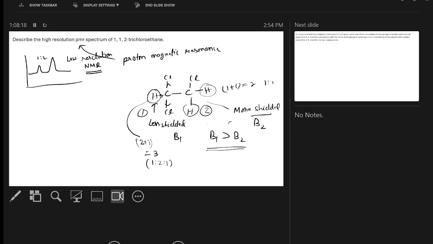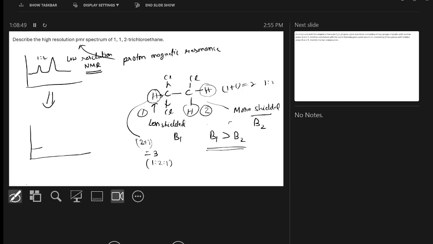So if we convert this into high resolution NMR, we will get something like a triplet. You will get a small peak, then a large peak, and then a small one. This intensity will be bigger. Let me change the pen.